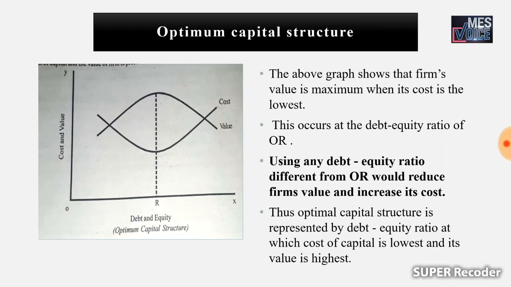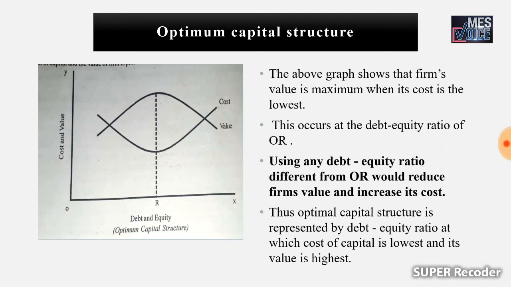The value of the company is at its highest when the point is OR. If we consider any other point, any other debt equity ratio, back of OR or front of OR, then in either case it would reduce the value and increase the cost.